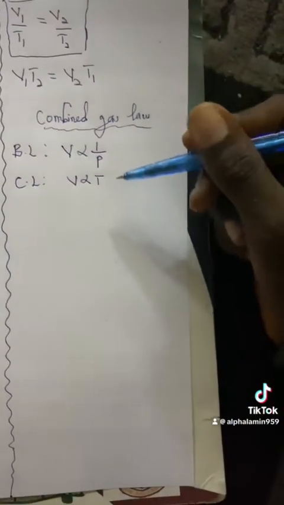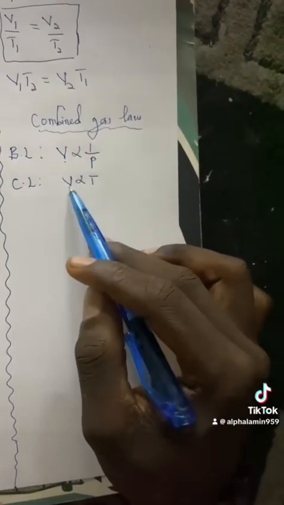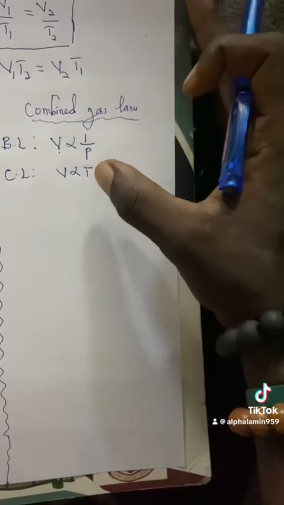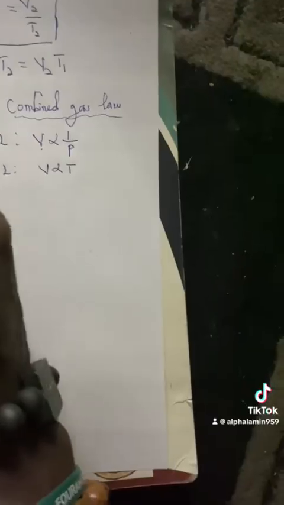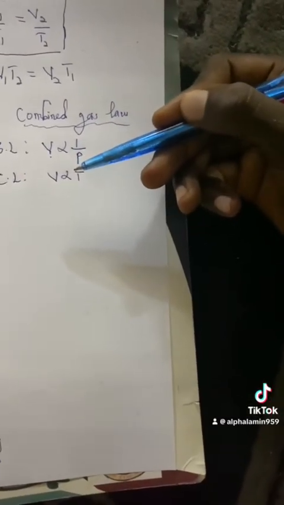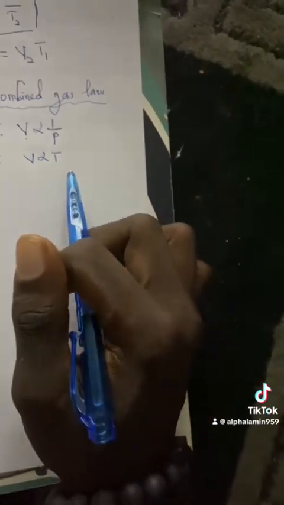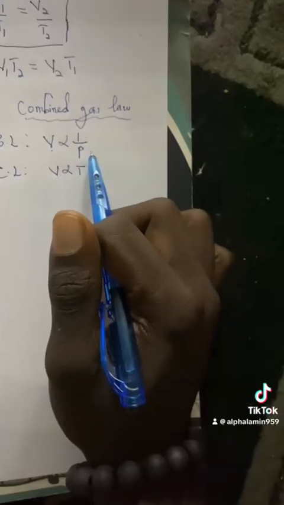So if you look at these two relations here, you'll notice that on the left hand side we have V, here again we have V. On the other side we have 1 over P, and here we have T. So on the left hand side we have the same thing, which is volume. So in essence, the volume is directly proportional to the temperature and inversely proportional to its pressure.